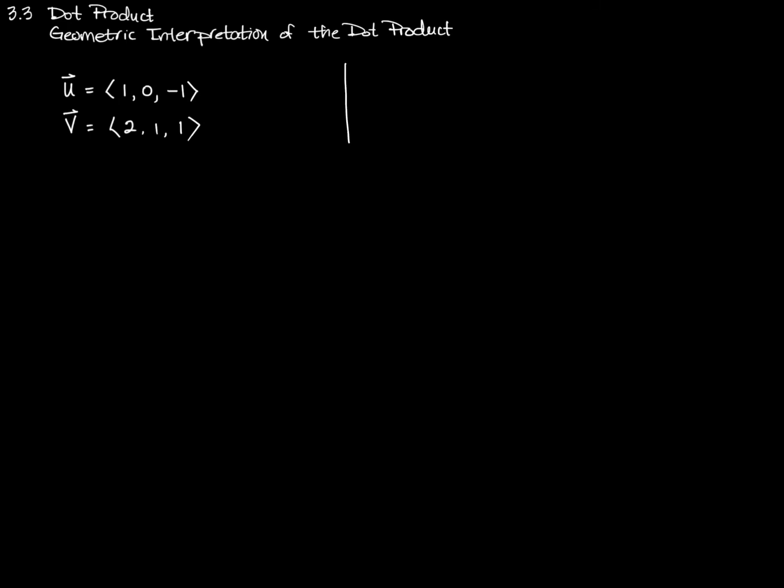In 3 dimensions, that would look something like this. This is my x-axis, this is y, and this is z. And u is going to be starting at the origin. It's going to come out 1 in the x direction. It's not going to go out in the y direction at all.